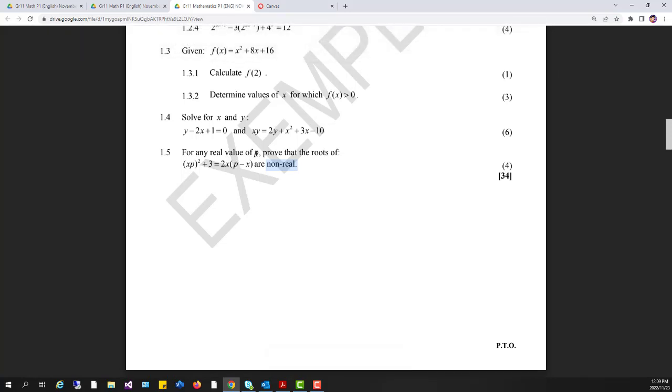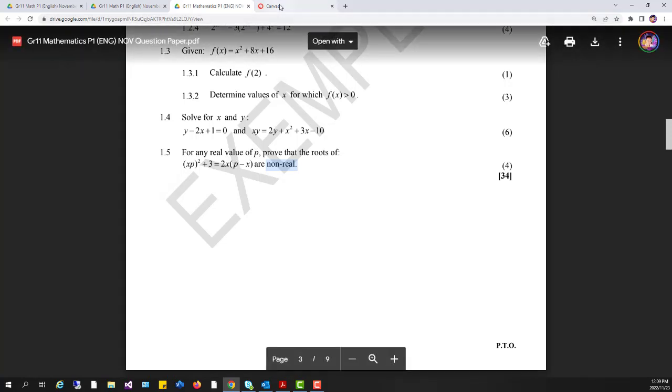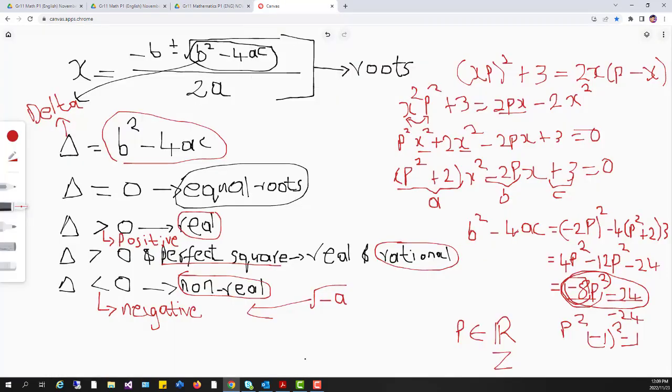The values of p, it's all real numbers, from minus infinity to positive infinity, will make the expression minus 8p squared minus 24 a negative. And we do know that we cannot have a square root of a negative number. So all values of p will then make the root non-real.